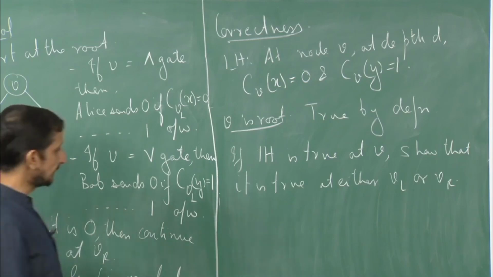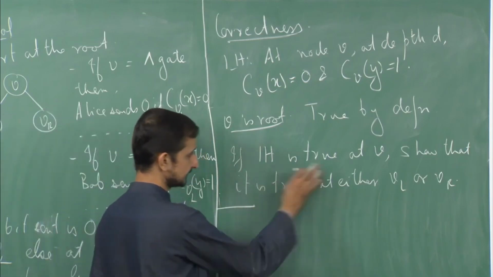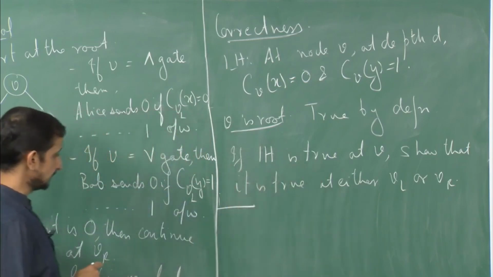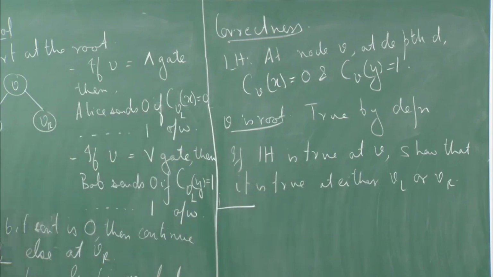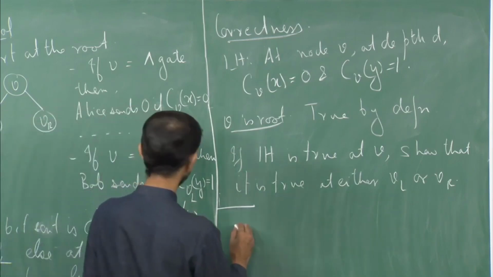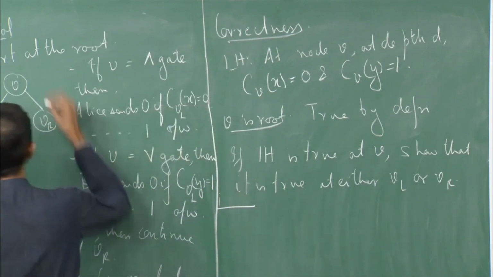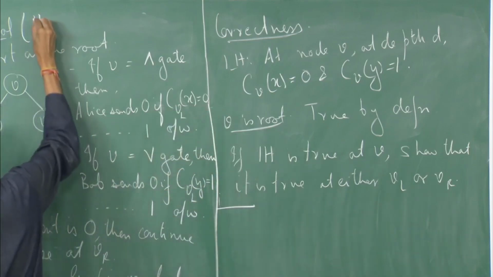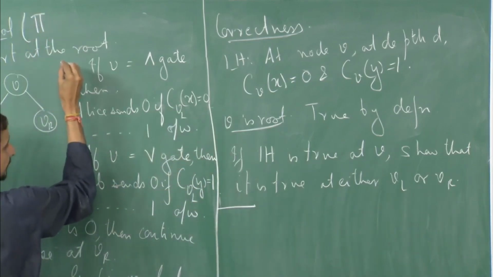Now, how many bits are communicated in this protocol? So let's give a name to this protocol. Let's call this protocol pi.